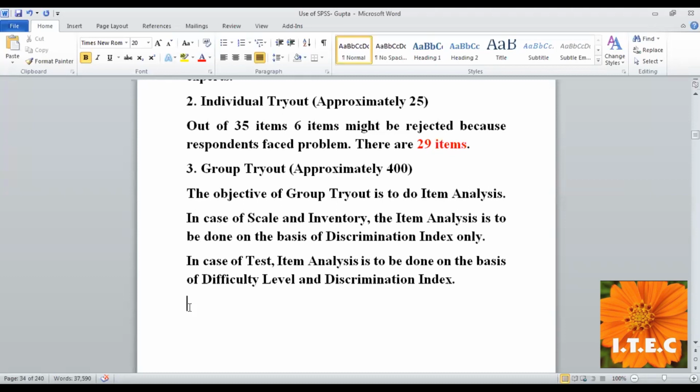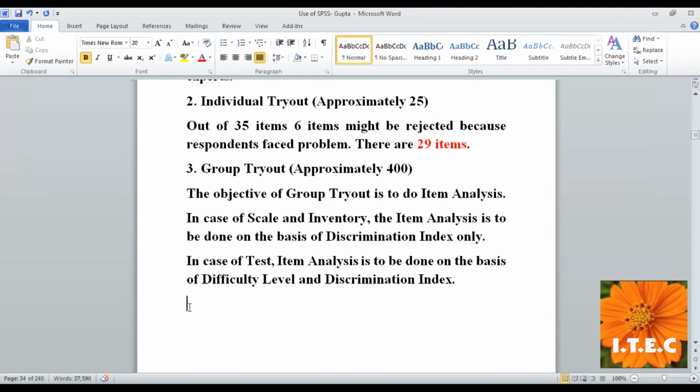Now, once they read the instruction, then ask whether they have understood the instruction or not. In case there is a student who has not understood, now it is your duty to explain to him. And if all of them have understood, then you can ask them to start writing the responses.